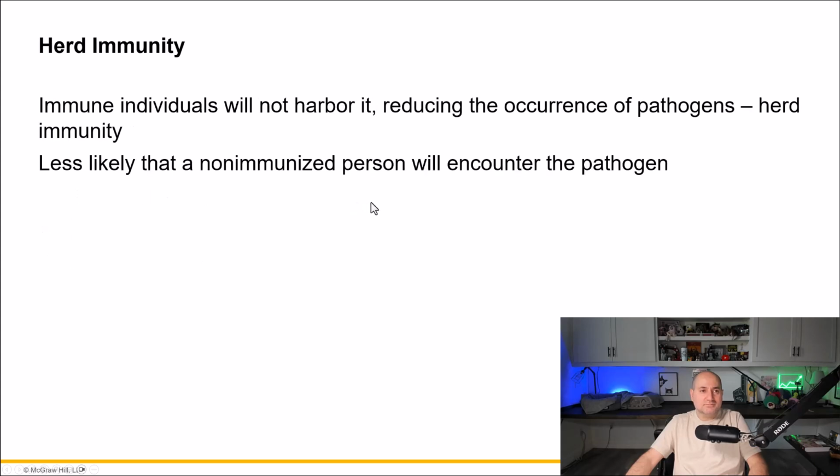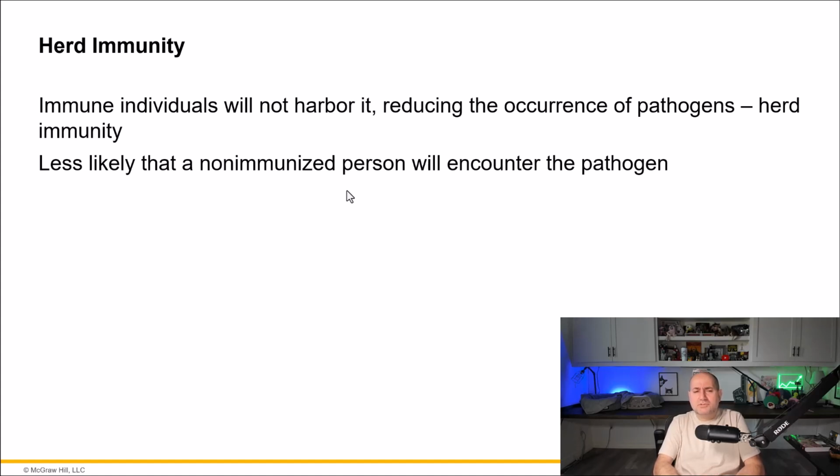That's the answer there. The last concept I wanted to bring up before we wrap this up is the concept of herd immunity. And that is that the more people are vaccinated towards a particular disease, the more likely it is that that disease will not spread to someone who cannot be immune. There are people who are immunocompromised. There are people who are on chemotherapy.